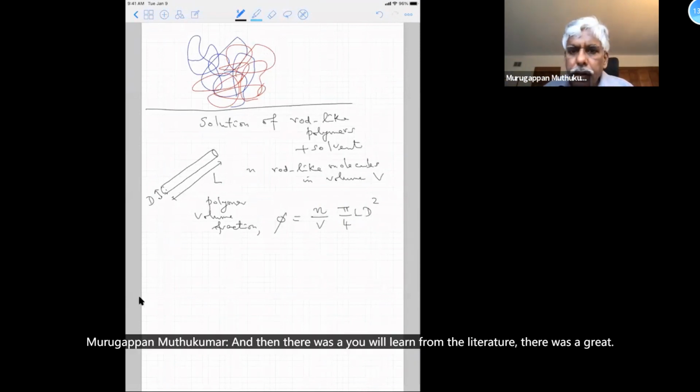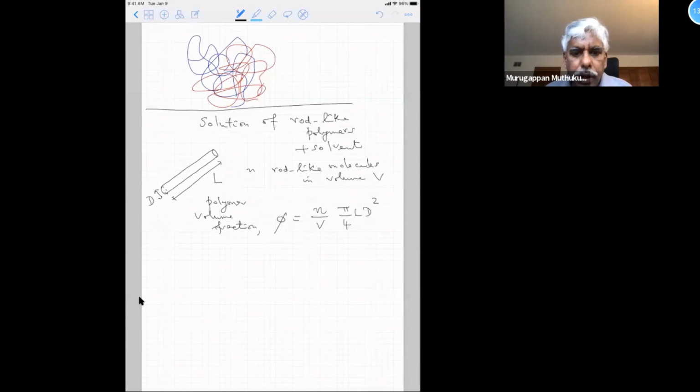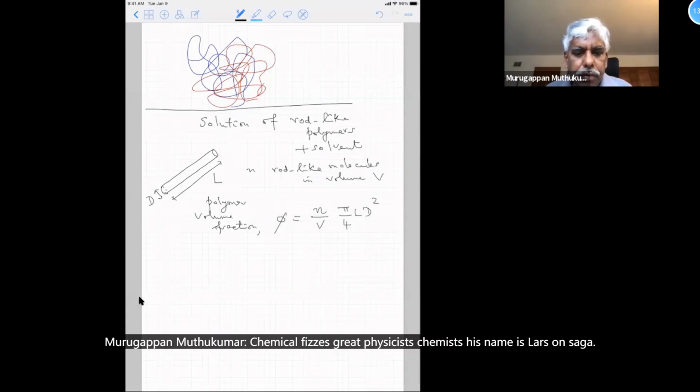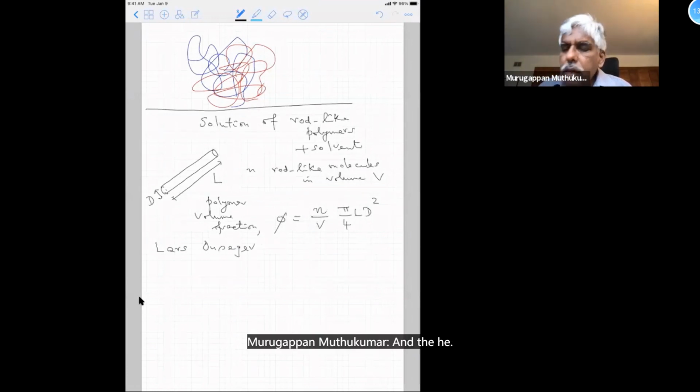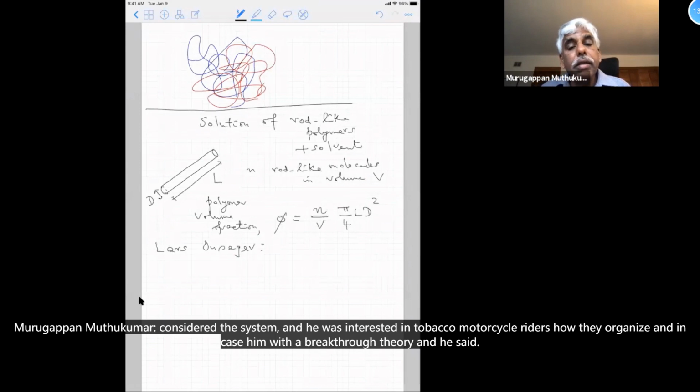And then, as you will learn from the literature, there was a great chemical physicist, Lars Onsager. He considered this system, and he was interested in tobacco mosaic virus, how they organize.